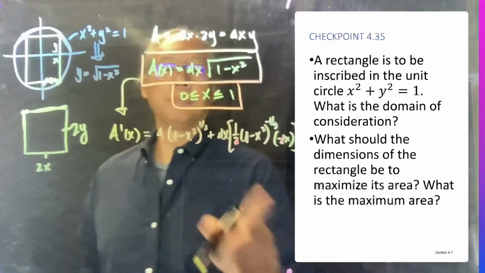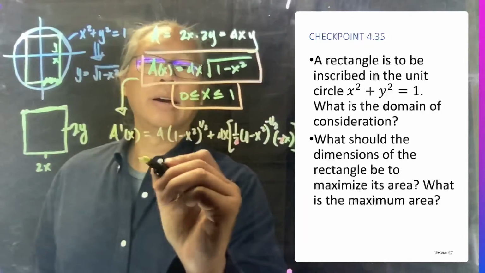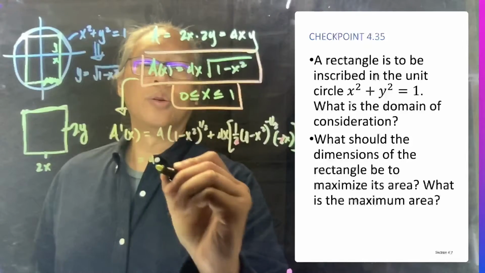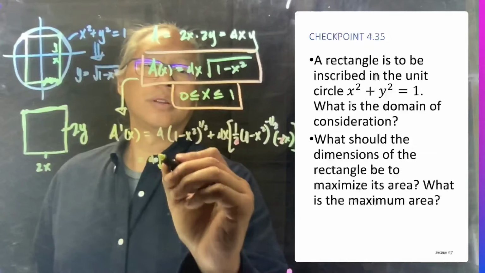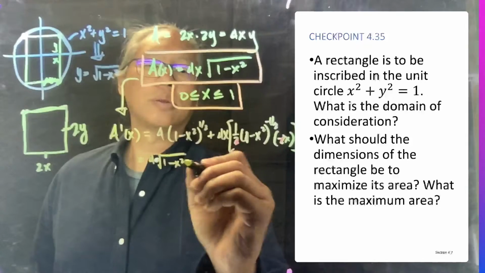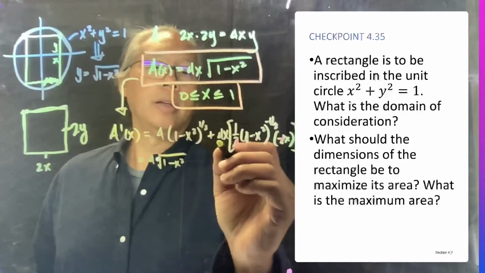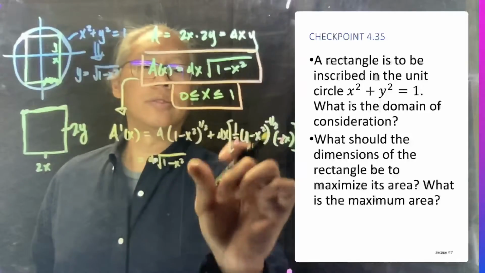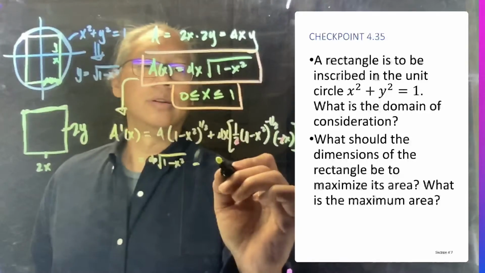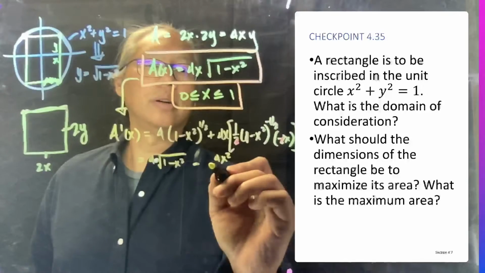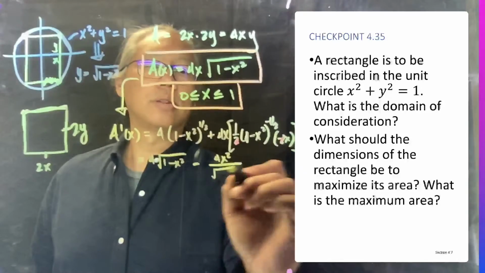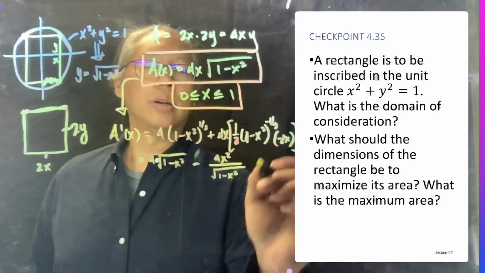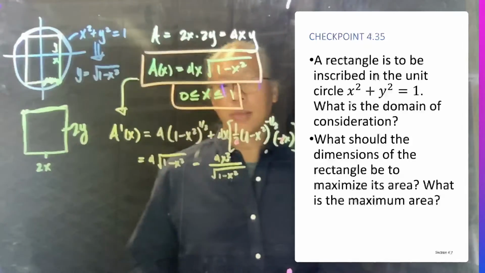Nope, I think it's okay. So we have 4 times the square root of 1 minus x squared in the numerator, and then we have a 4, an x, and an x with a negative, so let's call this a negative 4x squared divided by the square root of 1 minus x squared in the denominator.